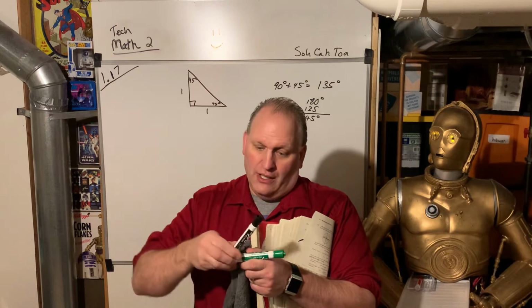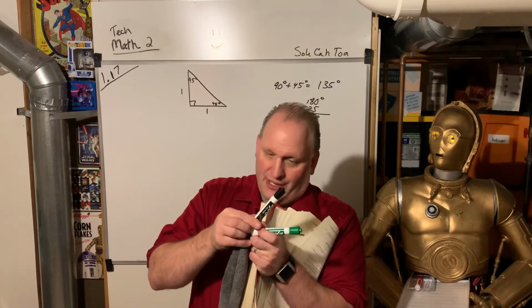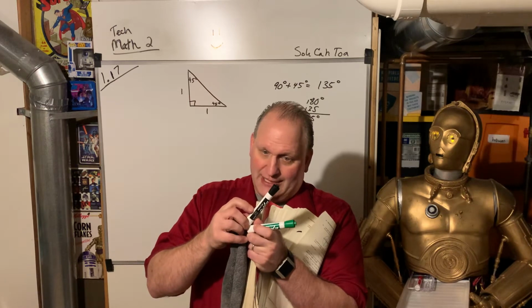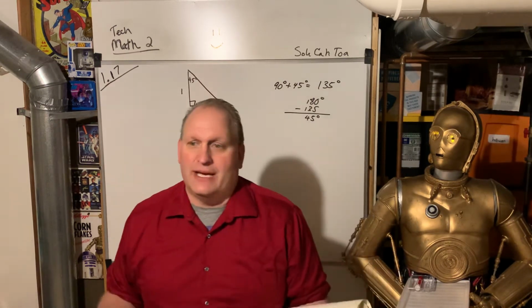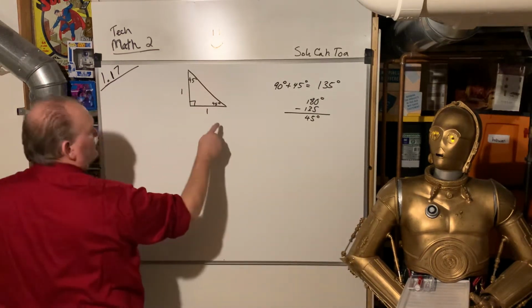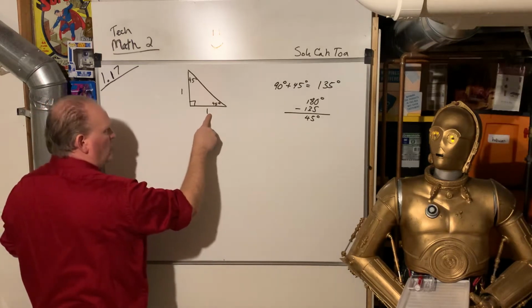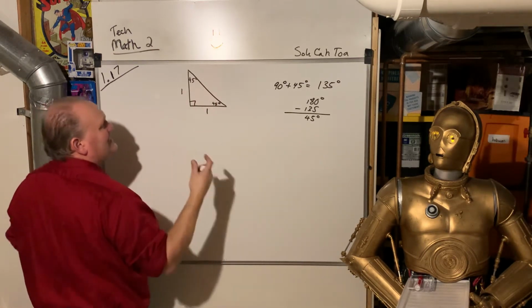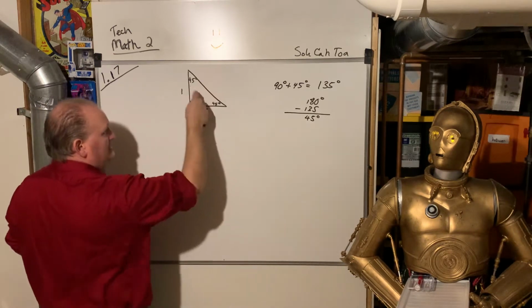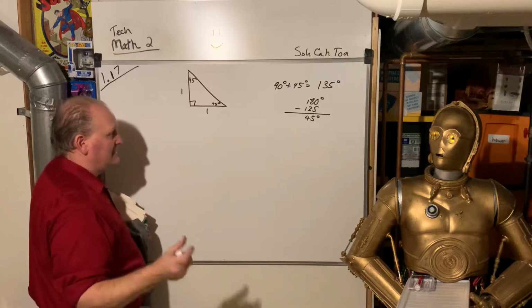And so if this angle is 45 and I replicated it, made another angle that was 45 with the same radius, then the opposite distance would always be the same. So even if this wasn't 1, if this was 5 and 5, it would have to be both 5s. If this was 21 and 21, if it's 45, 45, 90, it's an isosceles triangle. Two of the sides, opposite angles, have opposite sides that are the same size, all right?